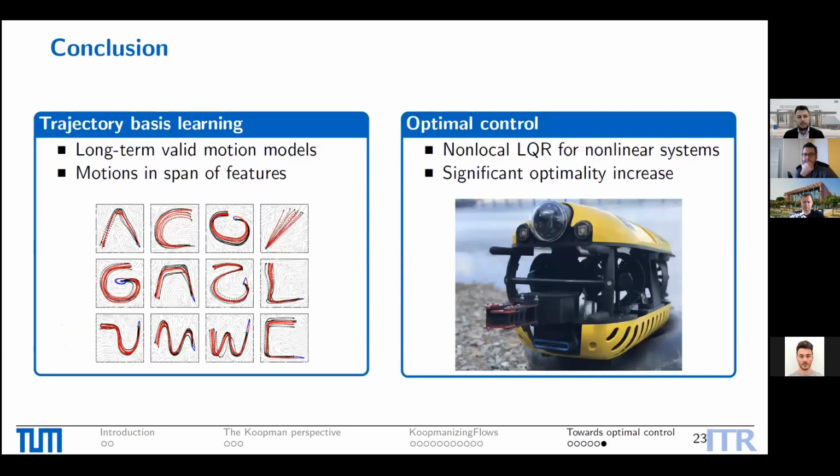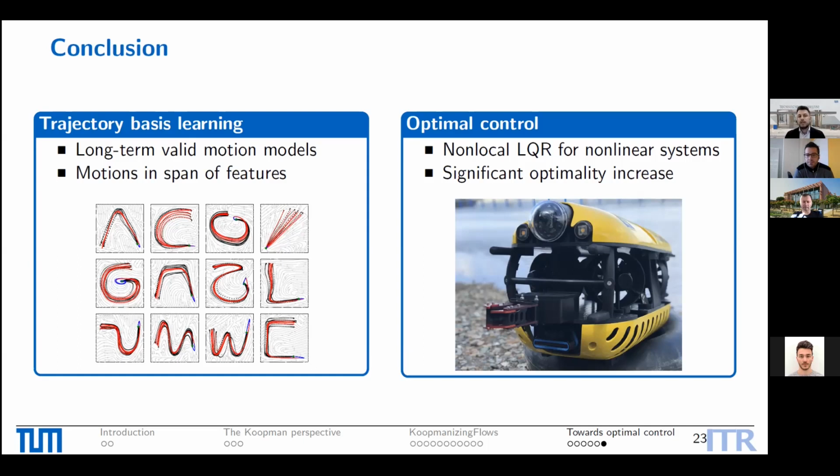So what have we seen in this talk, as a conclusion? We've seen that we're able to construct a trajectory basis. What is meant by that is that all of the motions are in the span of the features that we have, meaning when we lift the initial condition, all of the behavior is a linear combination of the initial conditions, just like for linear systems.